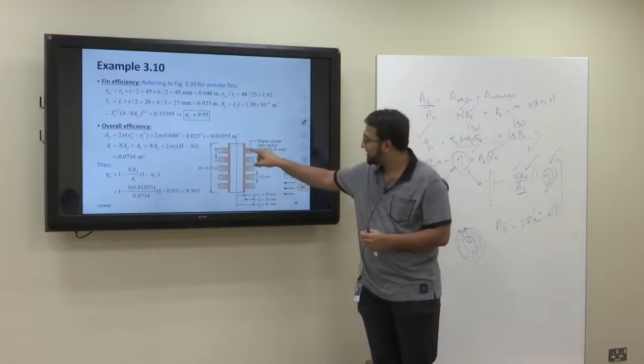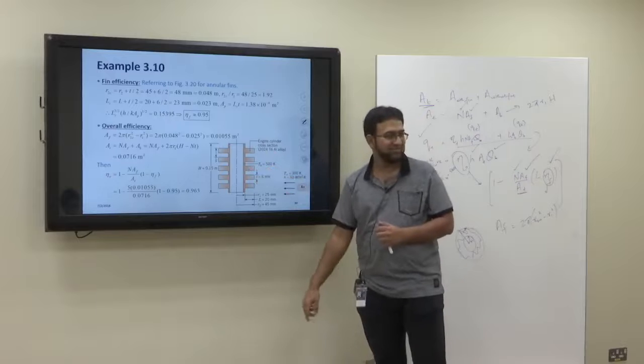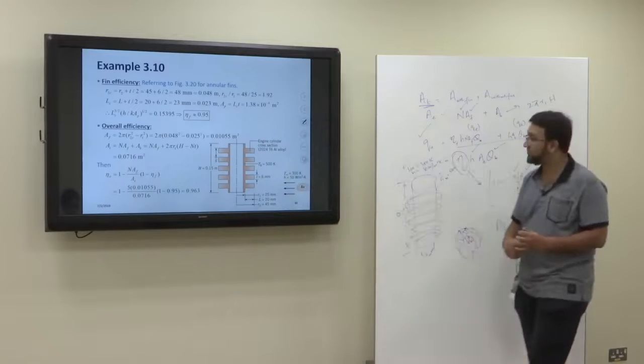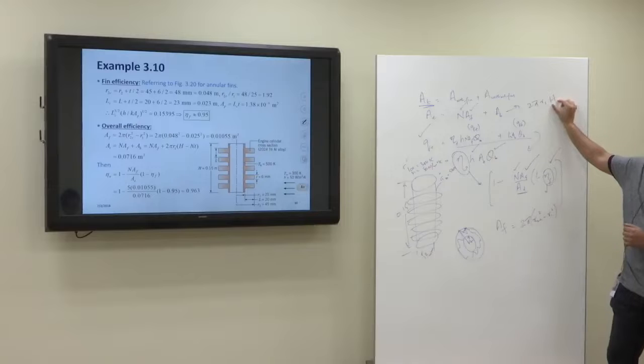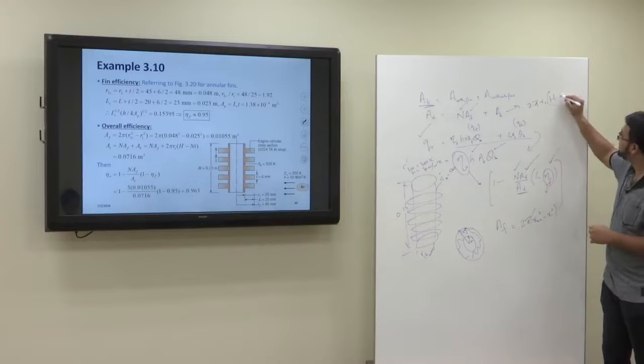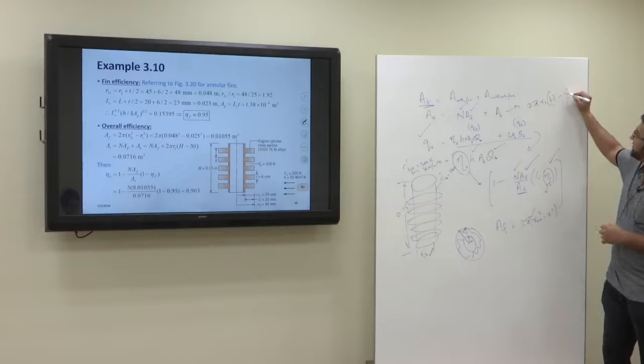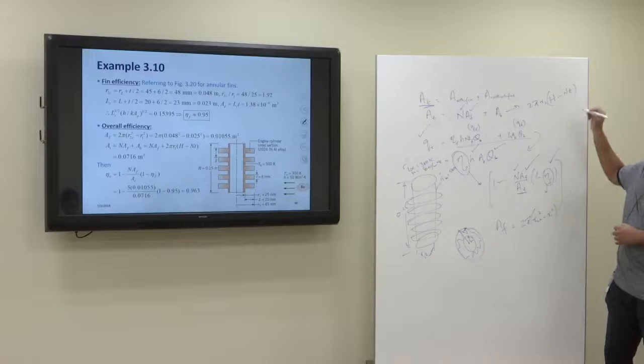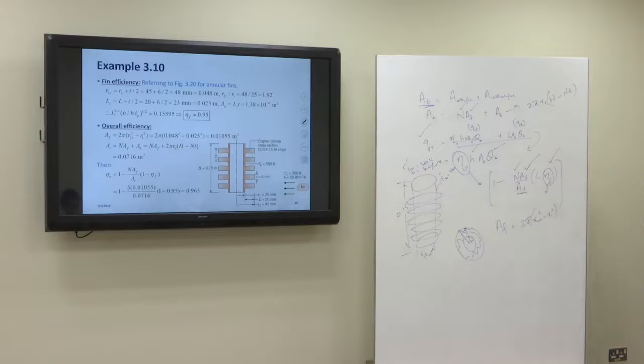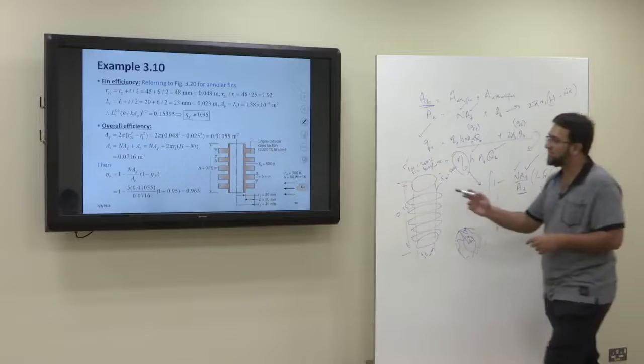So you have to subtract the fin area. It's not the complete length, it's the complete length minus however many fins you have. 5 fins, and for each fin the thickness is t. Is it clear? So 2 pi r1 h is the complete area, but this is only without fins, so you have to subtract the fin ones.